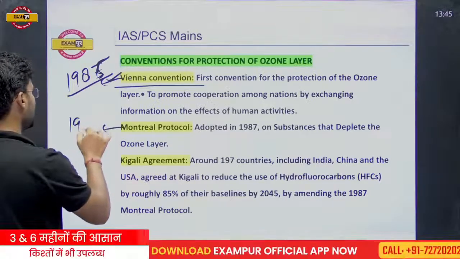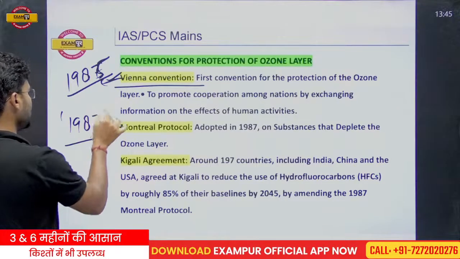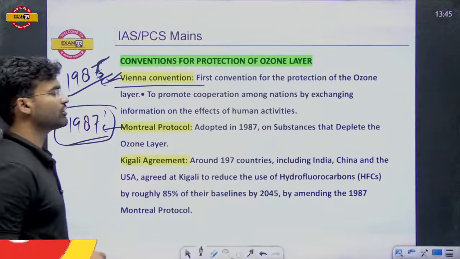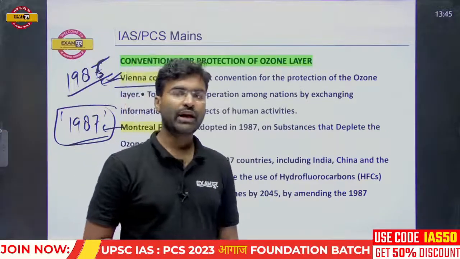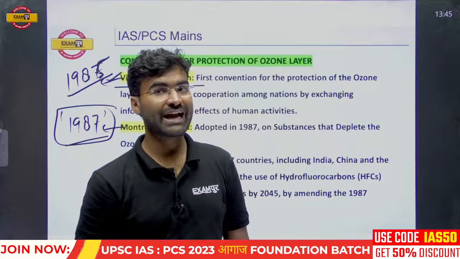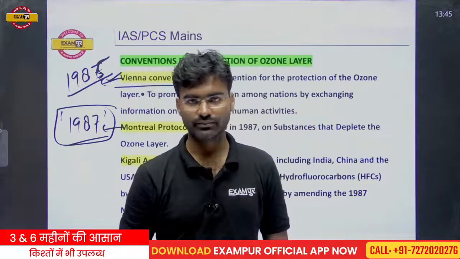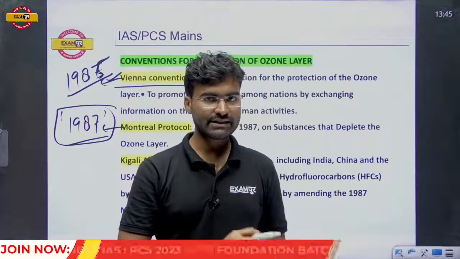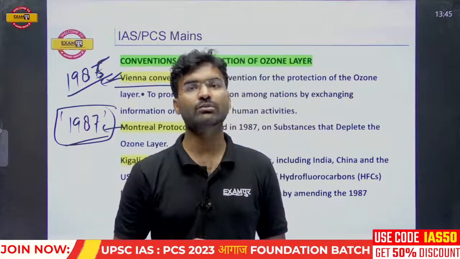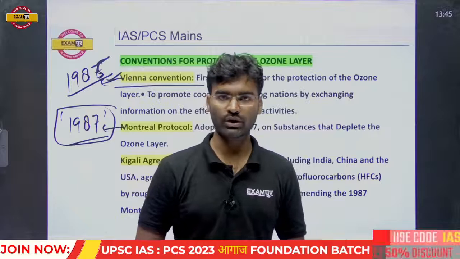In 1987, again under the guidance of the United Nations, the Montreal Protocol was adopted, and it has been deemed the most successful protocol of the United Nations till now. But after this new discovery, it raises a question mark on the Montreal Protocol.